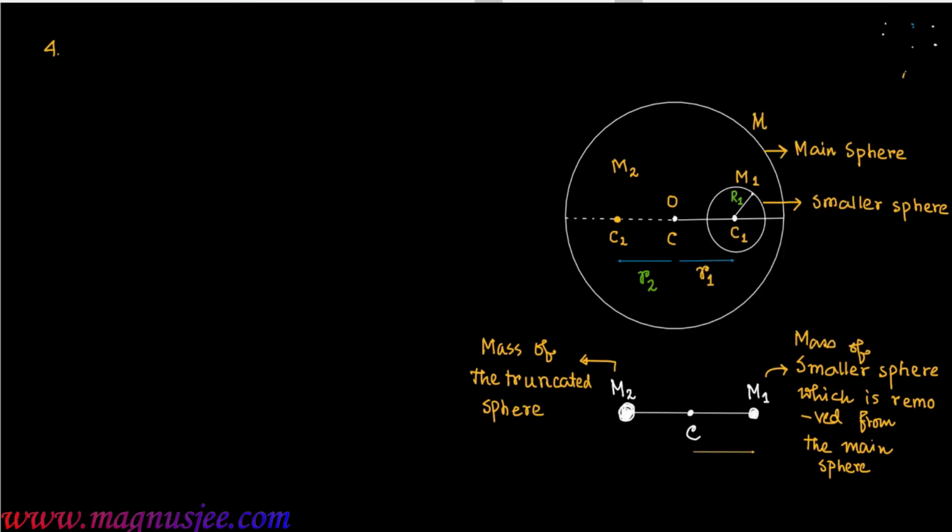The distance of the smaller sphere from the center of mass of this system is small r1, and the distance of the truncated sphere from the center of mass of the system is small r2.